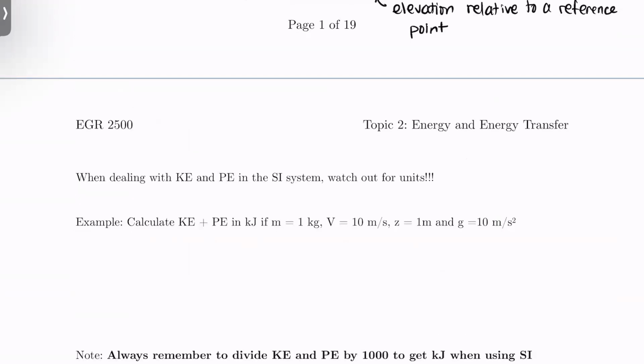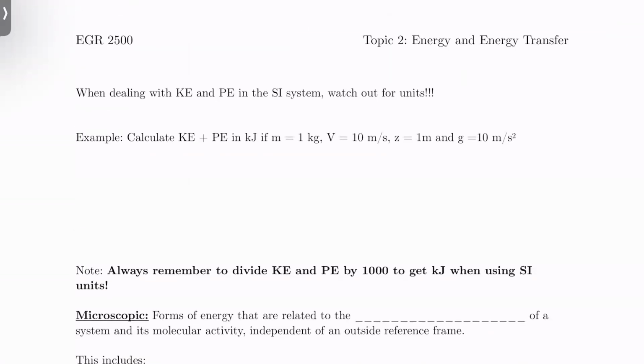When we're dealing with kinetic and potential energy in the SI system, we need to be careful about units. For example, if we wanted to calculate the kinetic energy plus the potential energy in kilojoules, given a mass of 1 kilogram moving at a velocity of 10 meters per second at a relative elevation of 1 meter, and given that gravity is 10 meters per second squared, let's do this calculation and see what happens.